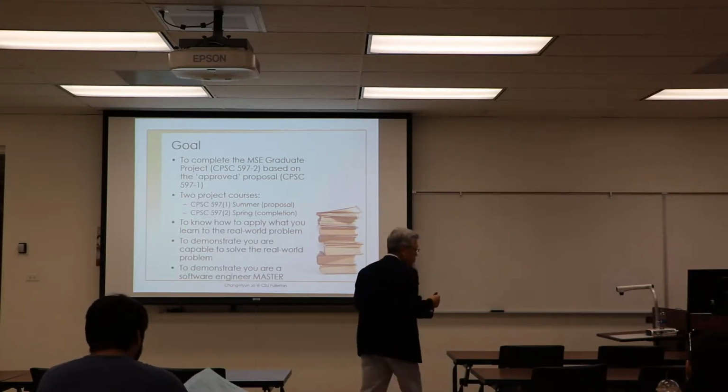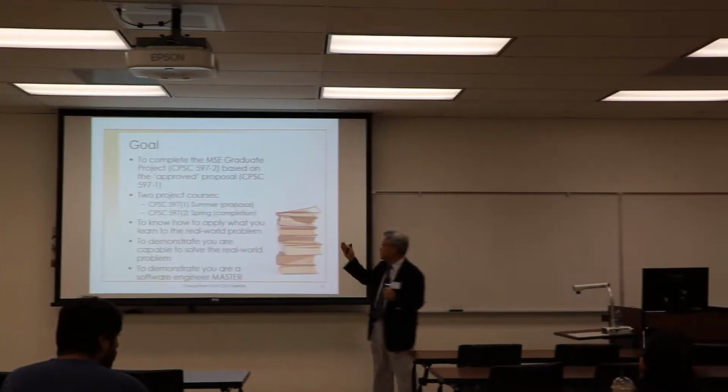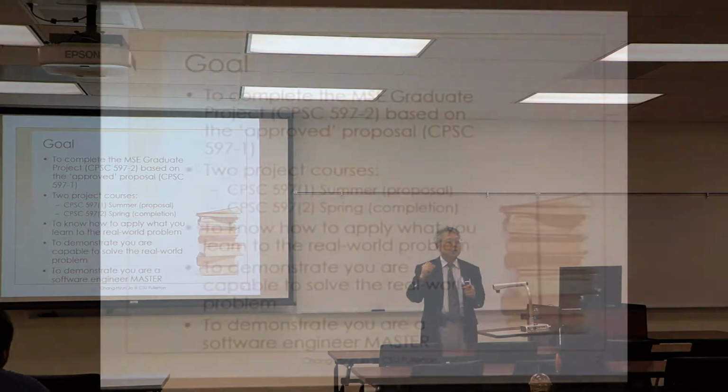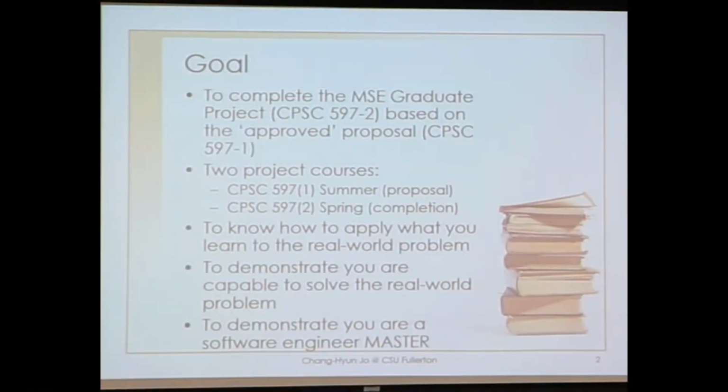Okay? So when you start this second project course, you should have an approved proposal. Approved proposal means you should get A or B at least for the first project course.